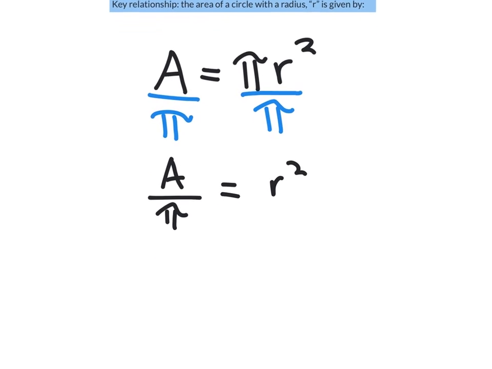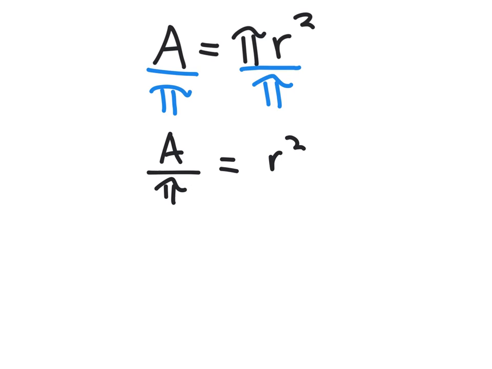And then if we wanted to find r, or the radius, from there, what we'd have to do is take the square root of both sides. So if we take the square root on both sides, we can see that the square root of A over pi will be equal to the square root of r squared.